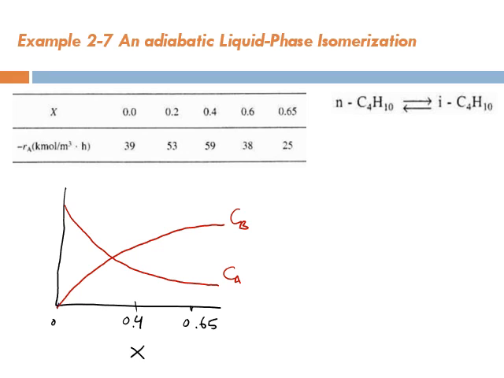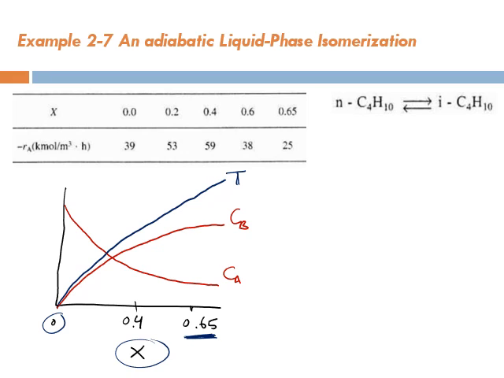So that's T. So you can see the effect of the progress of reaction on these variables, Ca, Cb, and temperature, from the beginning of the reaction to the conversion of interest, 0.65.